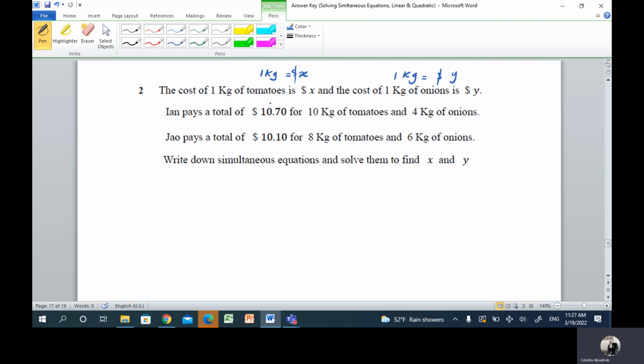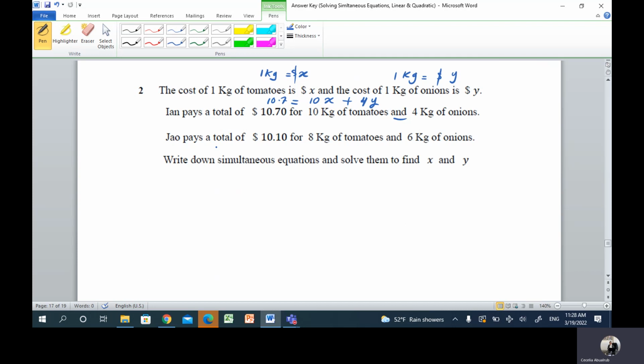So we're going to work as translators. So we're going to say 10.7 for, it means equals to 10 kilograms of tomato. So it's 10 times the cost of 1 kilogram of tomato, which is X. And it means plus, and 4 kilograms of onions. So it will be 4 times the cost of 1 kilogram of onion, which is Y. So this is the first equation.